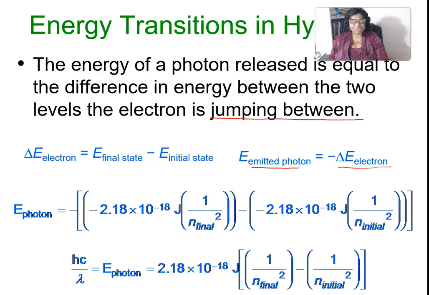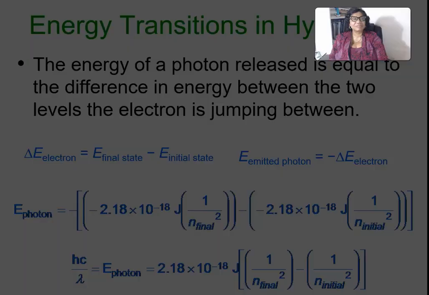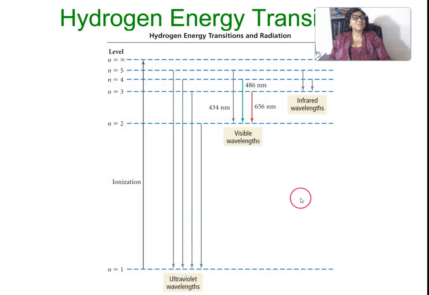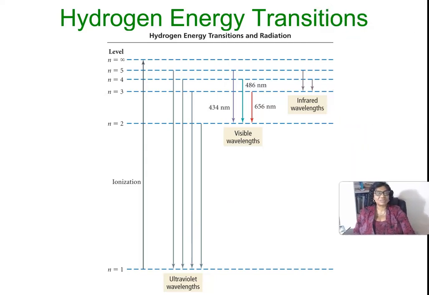So let's see a picture of what is going on. This is for hydrogen transition. You see, this is n equals 1. It can absorb energy until the electron leaves the atom.